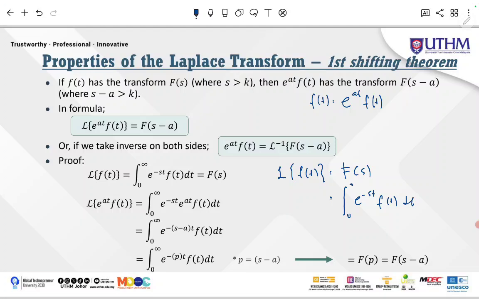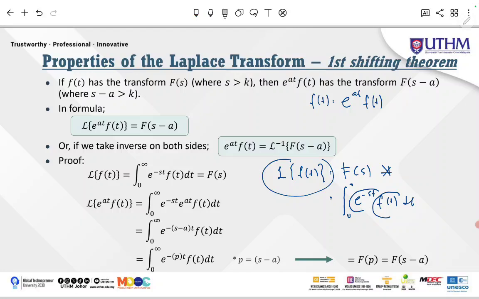So if we use the definition, we multiply the function with e to the power of minus st, and then we integrate from 0 to infinity, we will get F(s).